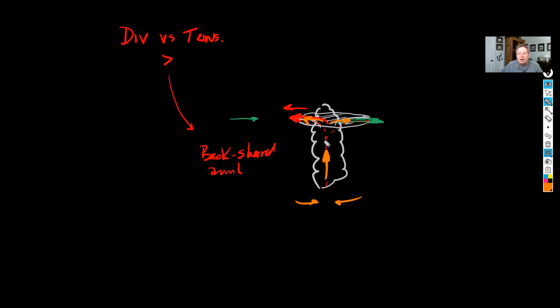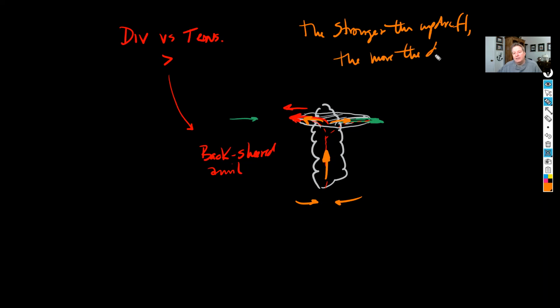So the stronger the updraft, the more the divergence. That's so important, write it down. The stronger the updraft, the more the divergence.